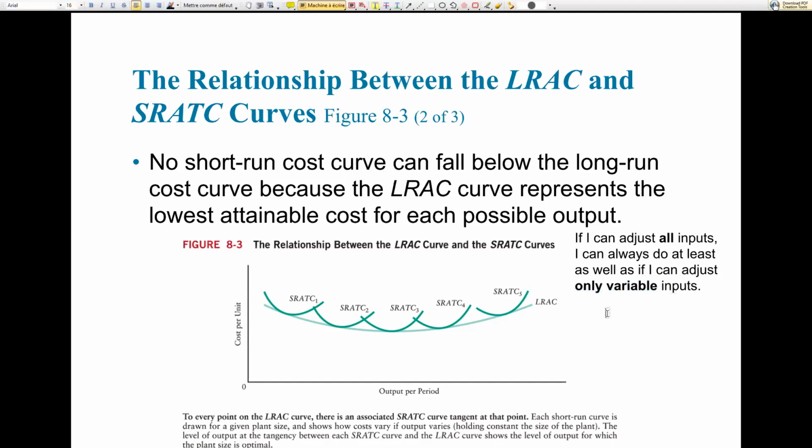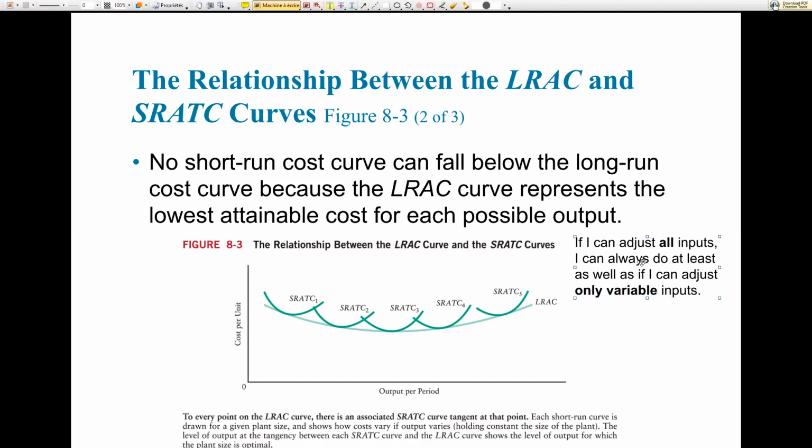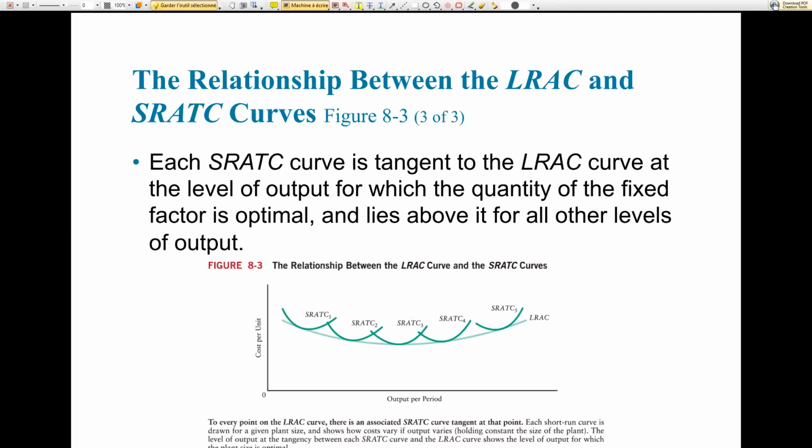Yeah. So of course, if I'm able to adjust machines and workers, then there's no way that I cannot be at least as well as if I can only adjust workers, for instance. All right. So, tangent. What does tangent mean?